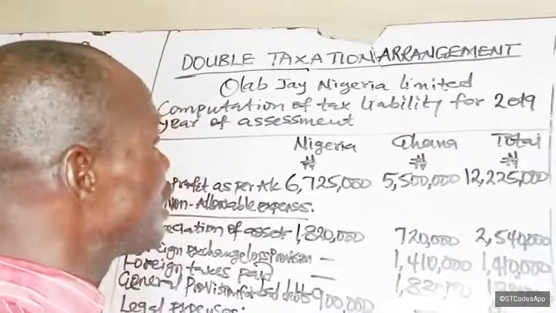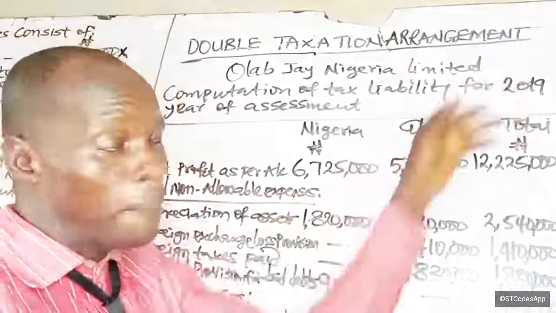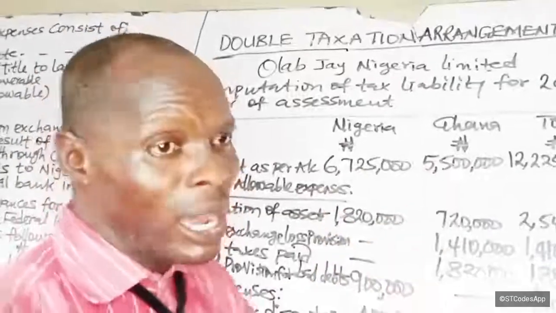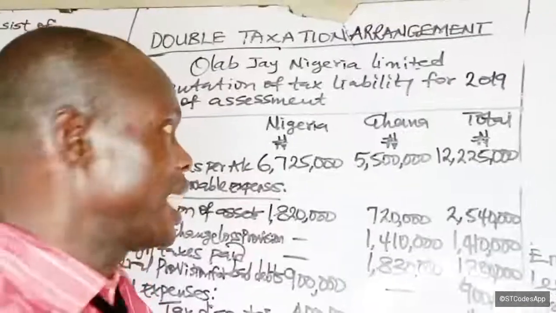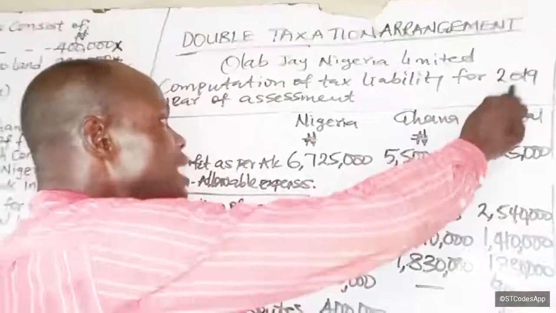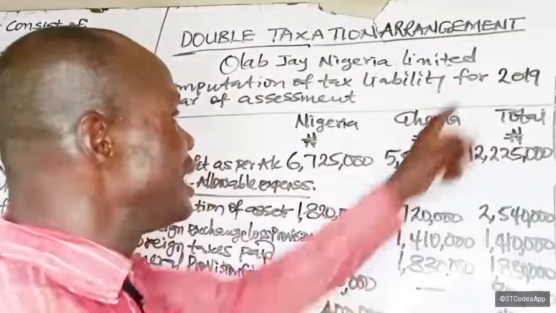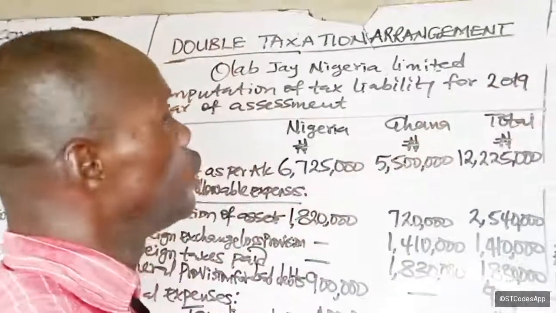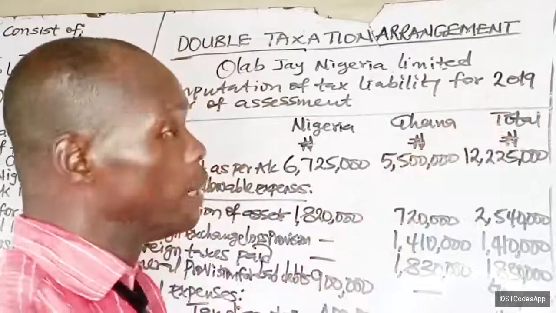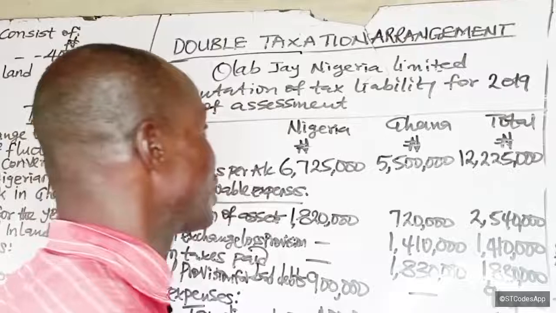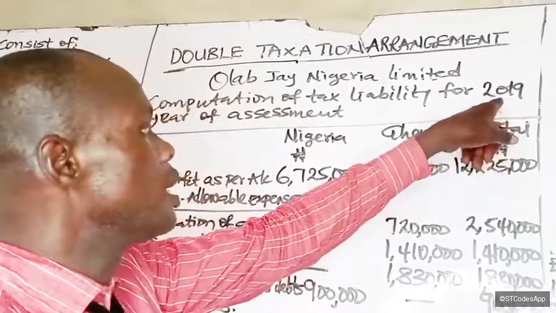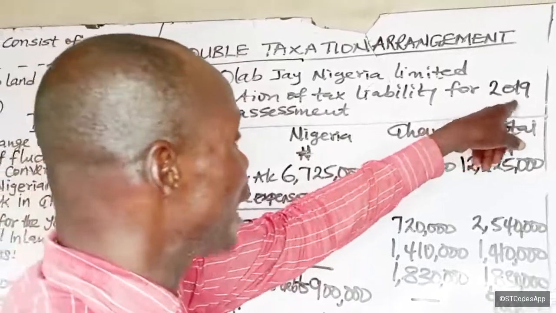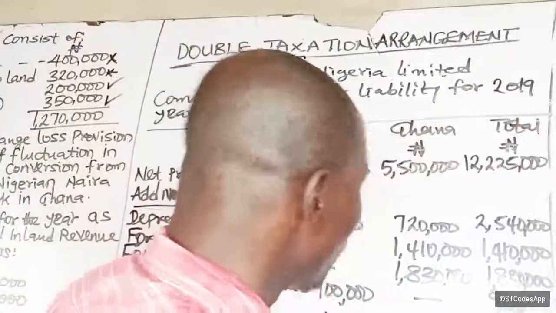As at 2022, it was 2.5%. As at 2023, it has been reviewed to 3%. Since this year of assessment is 2019, and the rate as of then was 2%, 2% will be used as tertiary education tax. But if the year of assessment is 2023, we will have used 3% as our tertiary education tax. So 2% will be used for 2019.